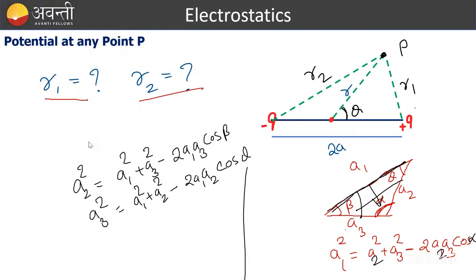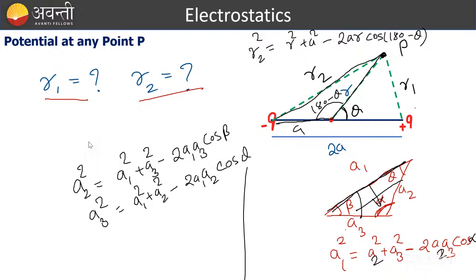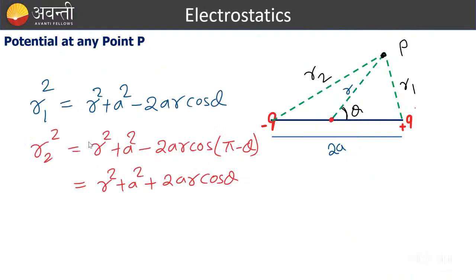Done है? अब देखो अगर मुझे R2 का स्क्वायर लिखना है या R1 का स्क्वायर लिखना है. R2 का स्क्वायर लिखना होगा, I will utilize this triangle, ठीक है. And this angle is how much? 180 minus theta. So R2 का square, can't you see? We can write it like R square plus A square minus 2AR cos 180 minus theta. ठीक है. Similarly R1 का square we can write.